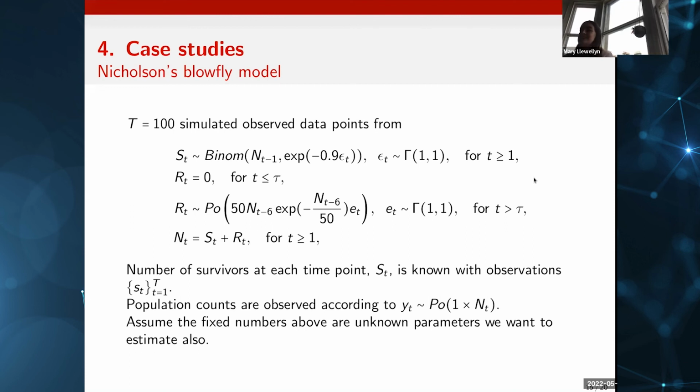But basically the idea is this case study is applying the proposed algorithm to infer the latent states and static parameters of Nicholson's model for near chaotic population growth. If you're interested, the mathematical details are here. I've substituted in the static parameter values at which the data was simulated, but you can also see this in the paper.